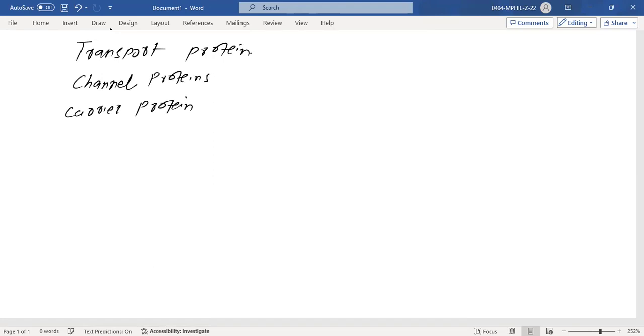So now you can also differentiate these proteins. On one side you can place channel proteins, on the other side you can have the carrier proteins.